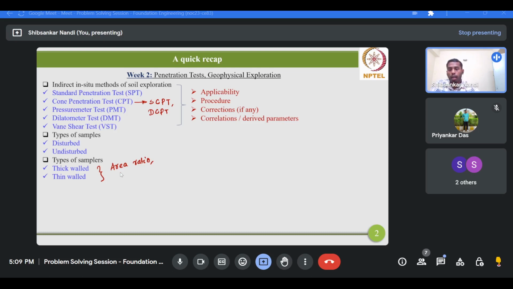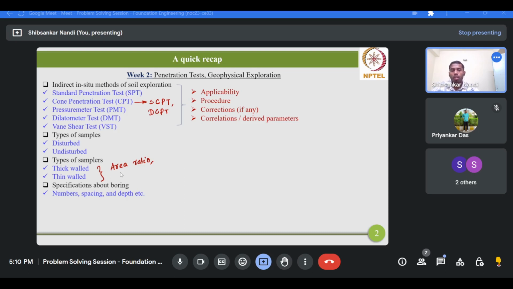Based on these parameters, we can conclude whether a given type of sampler will yield a given type of sample. And later on we have seen a few specifications regarding boring.